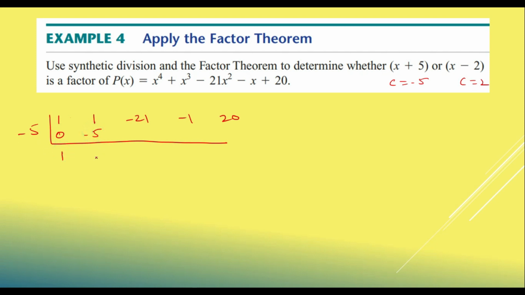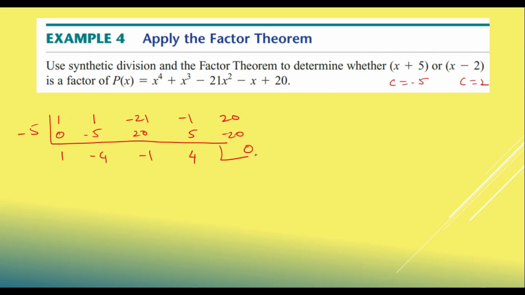Add with the 1, this is minus 4. Multiply with the minus 5, you get 20, positive. And add it, you get minus 1. Multiply with the minus 5, you get 5. Vertically you add, you get 4. Multiply with the minus 5 will give you minus 20. And the answer is 0.